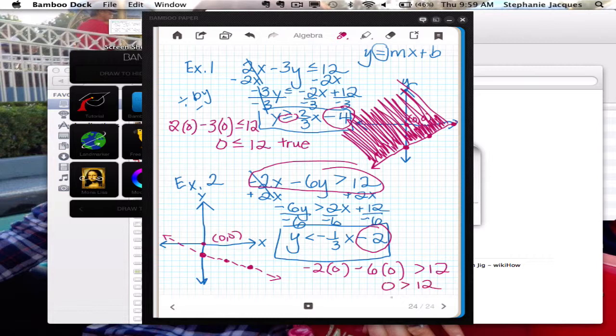Is that a true statement? No, that is false. So that means I don't shade on the side of that point because that point did not make it true. So I'm going to shade this side. And now I'm done. So that's how you graph linear inequalities.